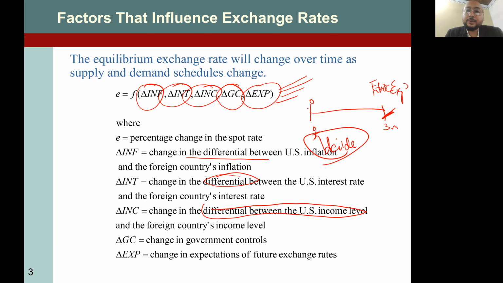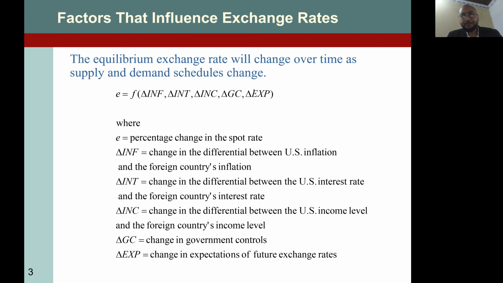Many students get confused, and some message me, sir, please explain expectation one more time. Students think, okay, in the future the interest rate is going to rise, so we will see the changes in exchange rate in the future. No, based on expectations in the future, you decide right now.